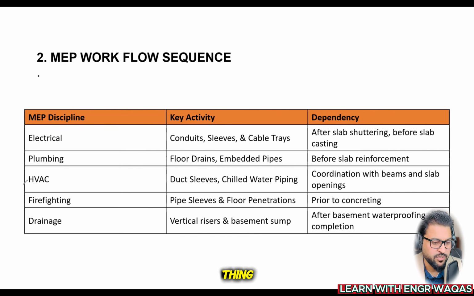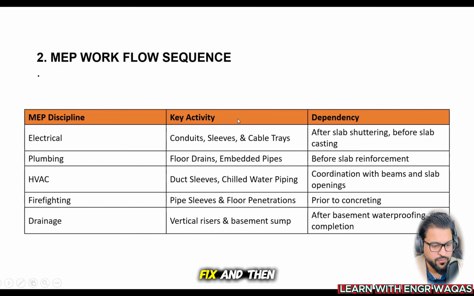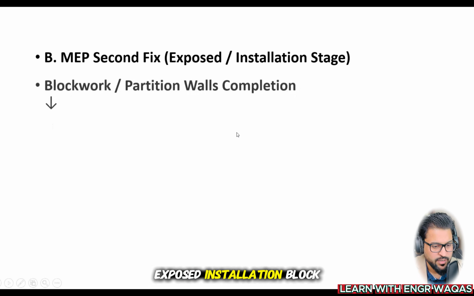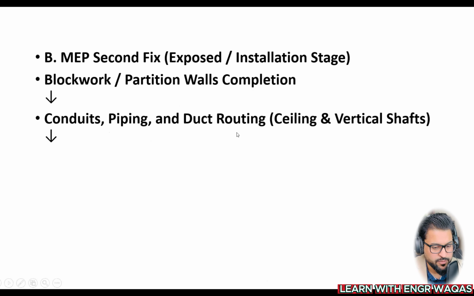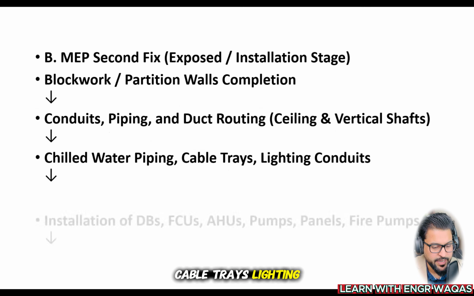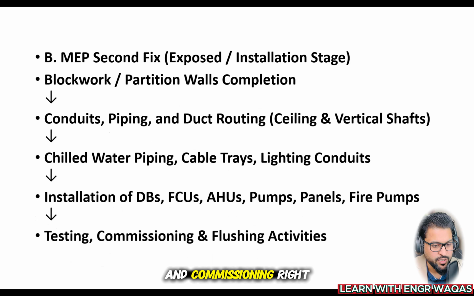This is important. And then there is the flow chart, second fix. This is first fix, and then this is second fix: exposed installation, block works, conduits, piping and duct routing, chilled water piping, cable trays, lighting conduits, installation of distribution boards, FCUs, AHUs, pumps, panels, and testing and commissioning, right?